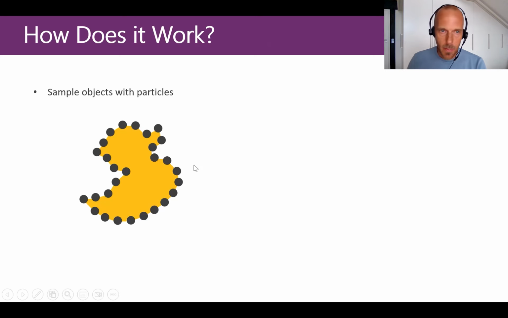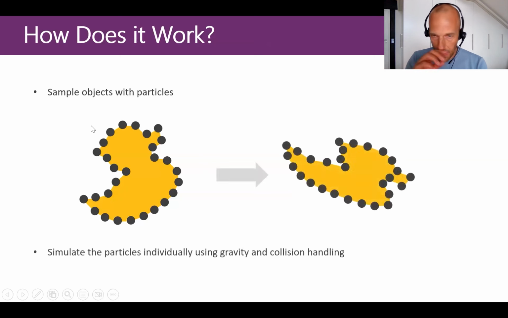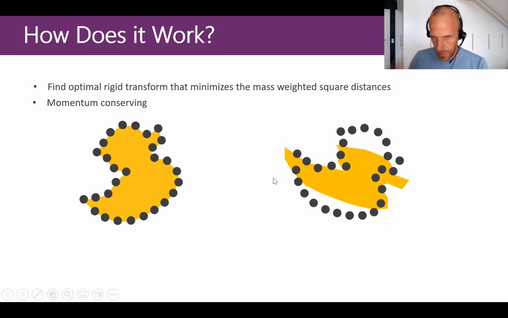So here we have this duck, and what we do is we sample it with particles. And then we simulate these particles without considering elastic forces. So we basically just consider gravity and collision handling. And of course, then you get a very deformed state, and we want to bring it back to the relaxed state.